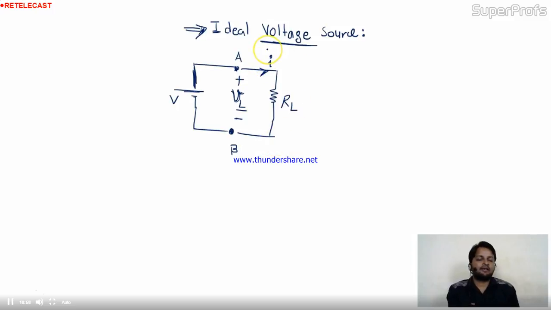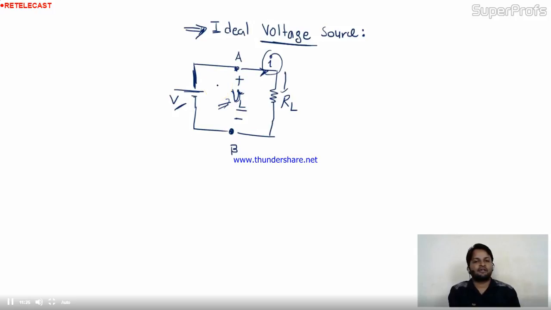Whatever current you will take out from the source, the voltage drop across the load will be constant. Is it not possible in practical? But for the ideal voltage source, if the current value will increase, there will be no change with VL. The VL will be same at all. VL is nothing but the source voltage. The source voltage is same. It will not drop.